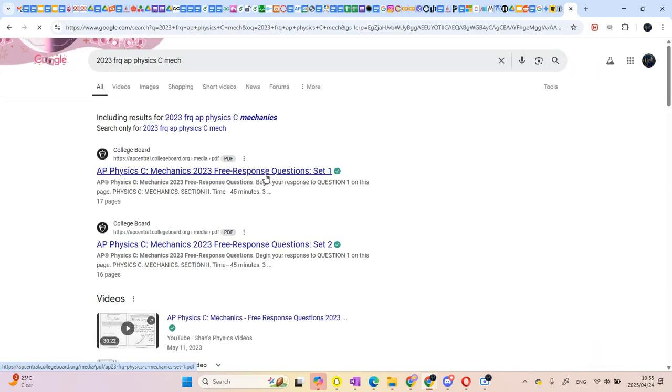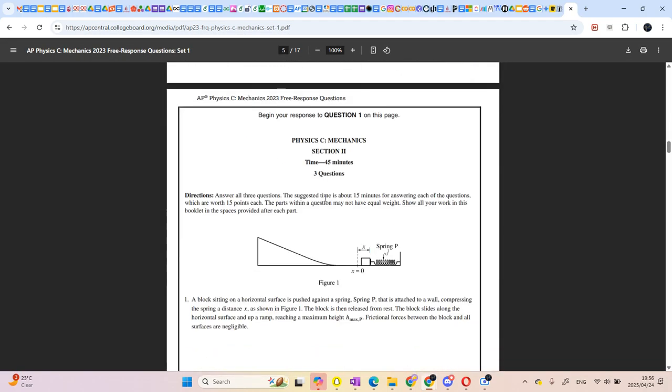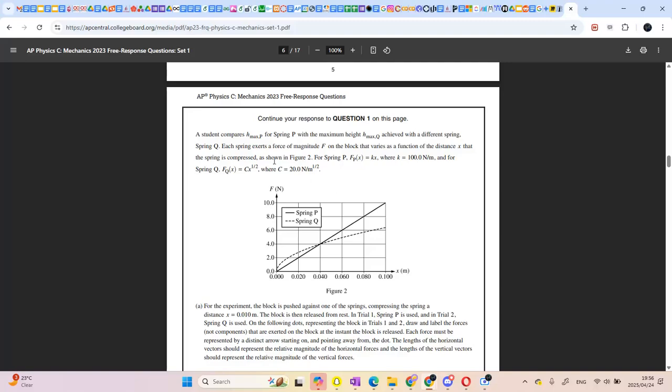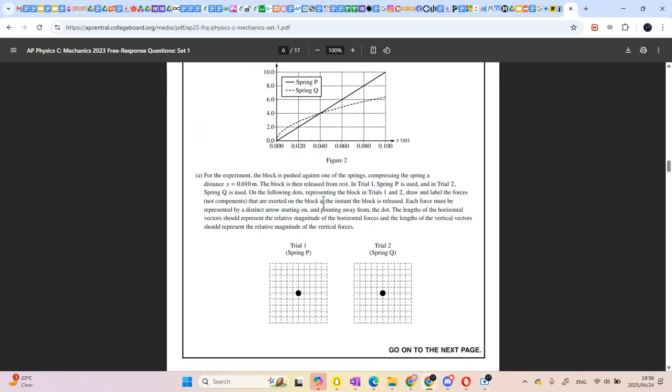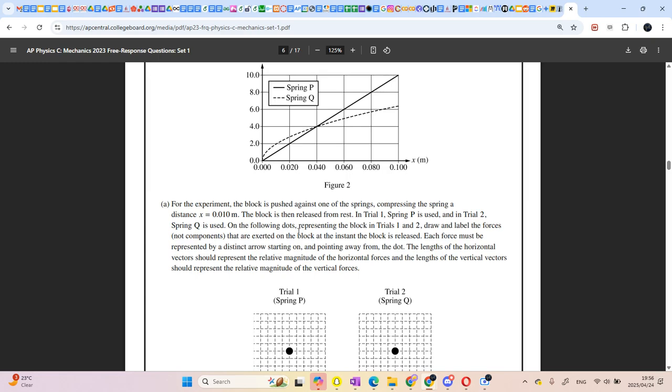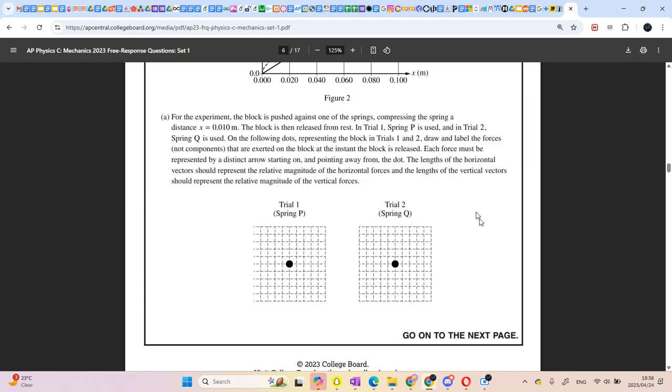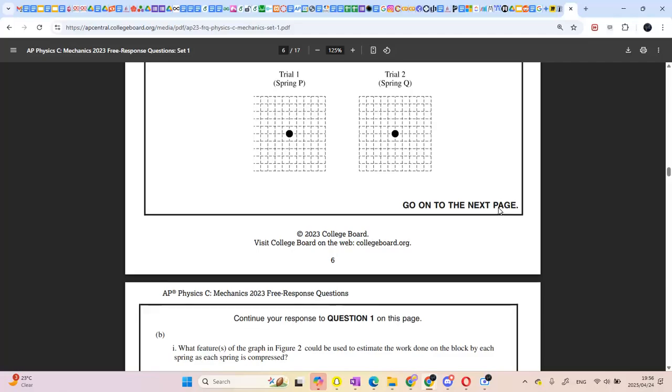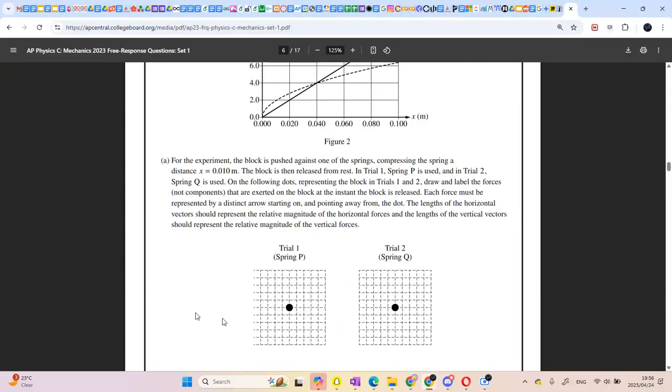Exactly. Let's go to set one. What they love doing is bombarding you with a whole paragraph of text right here, and all that's really happening is you have a couple of things that correspond to a diagram right here, and you're just going to get that.